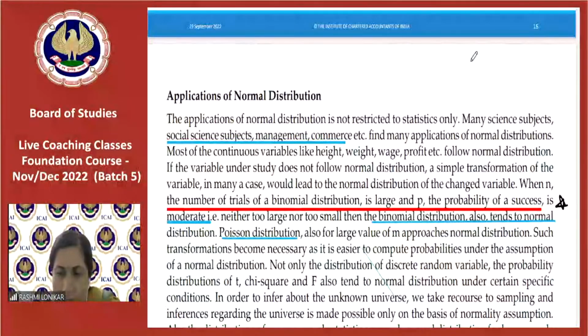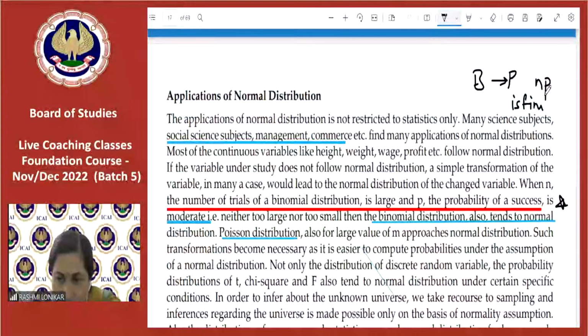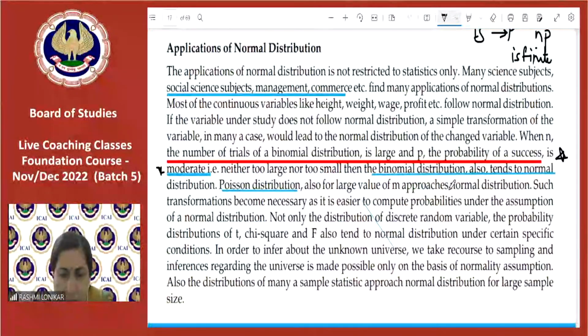What happens when binomial goes to Poisson? We say that np is finite. Okay, remember the word finite. Here what you are saying is it is moderate, that is neither large nor small. Then we say binomial tends to the normal distribution. Poisson also for large values of m approaches normal distribution. Okay, so this is also important.